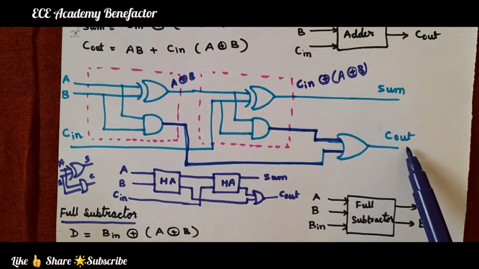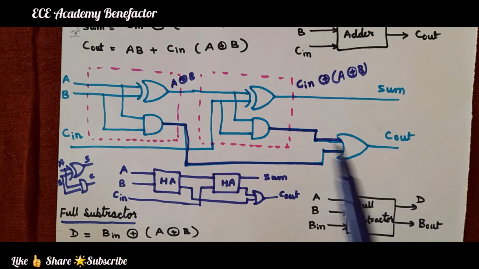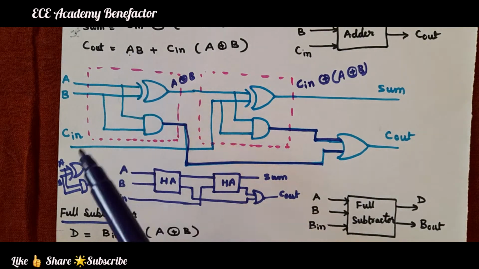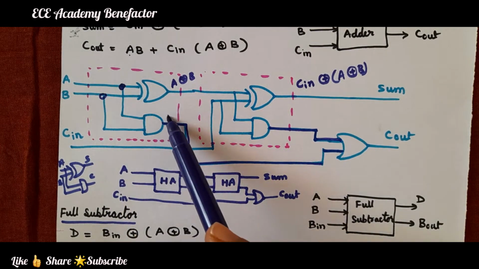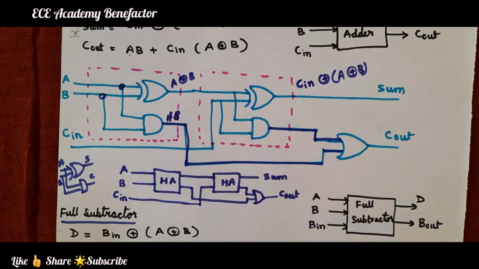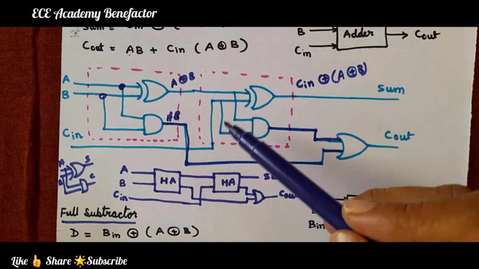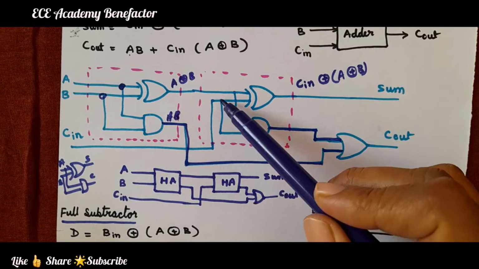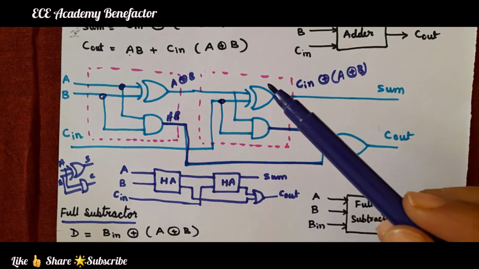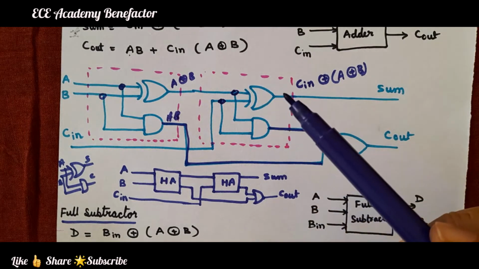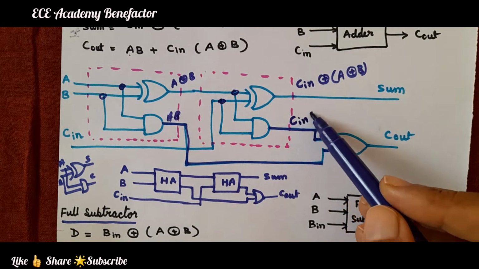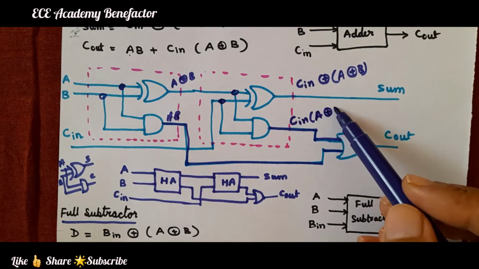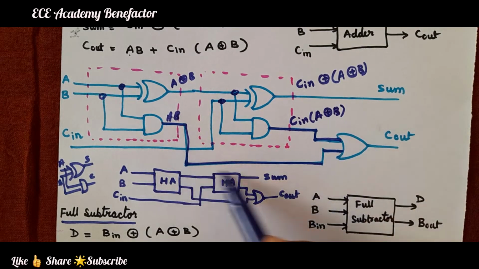Now we need to get the C out expression. What is the C out expression? A dot B. So take A and B, give them to an AND gate to get AB. Now to this AB we need to connect C in. From here C in is coming, and from here we have taken A XOR B. So here we are getting C in dot A XOR B, and here AB is coming.